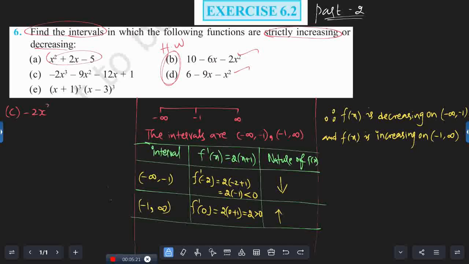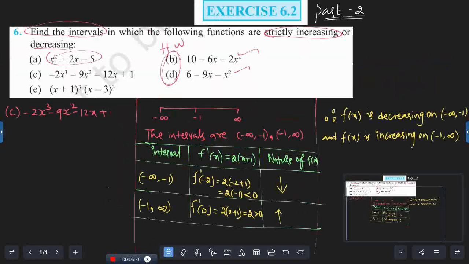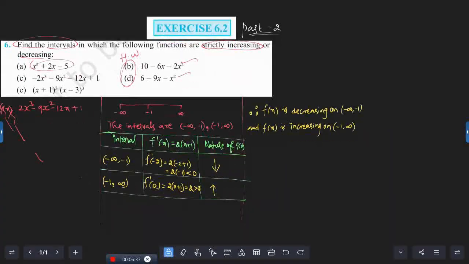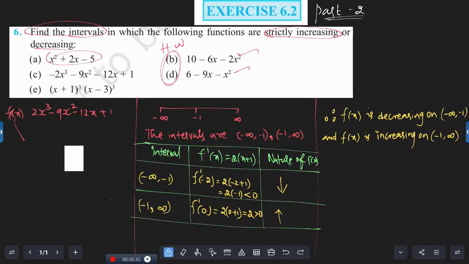Minus 2x cube minus 9x square minus 12x plus 1. This we will take as f of x. Question number C we are going to start.